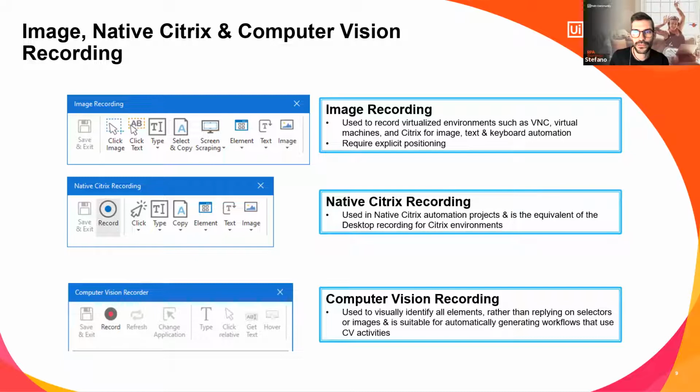So it's used for recordings that don't work with all the previous recording types, and it generates a workflow using computer vision. This is quite a complex thing, so for a starting session like this, it's just useful to know that it exists, but we will not see it further.